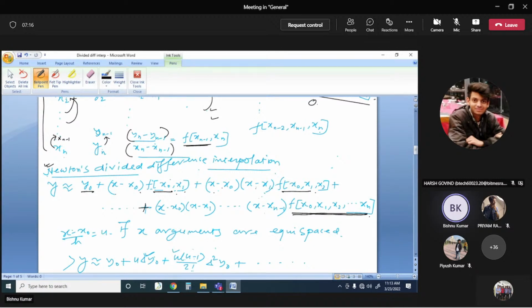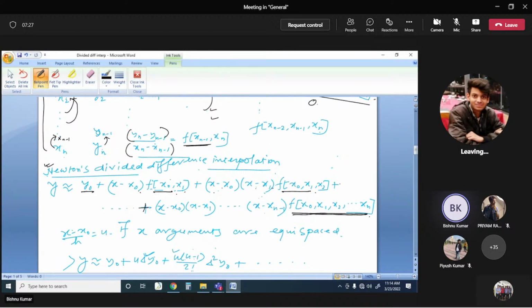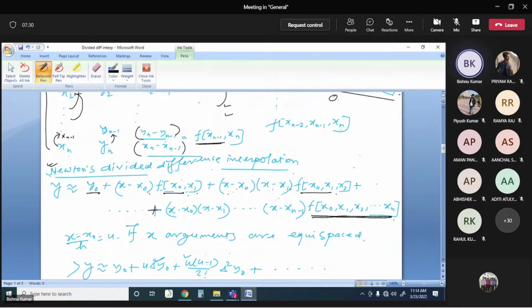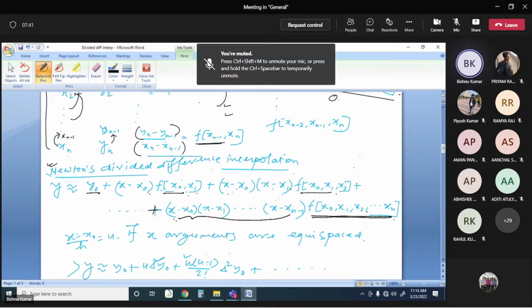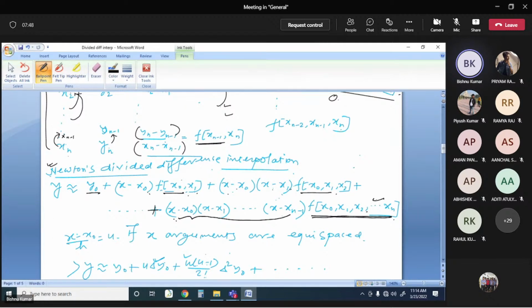Associated coefficients: the first term is multiplied by 1. The second term is multiplied by this factor, x minus x0. The third term, x minus x0, x minus x1. The next term will be x minus x0, x minus x1, x minus x2. In that way, the last term is multiplied by n linear factors. From 0 to n minus 1 means n factors are there. You multiply n linear factors along with this numerical value.